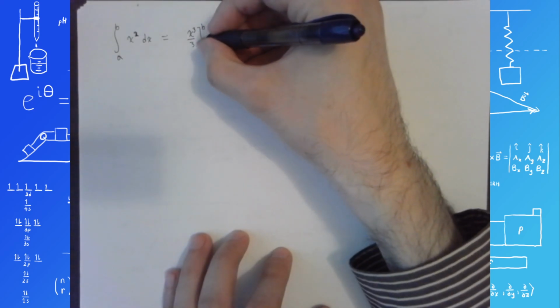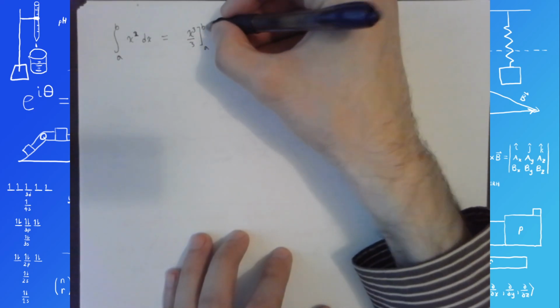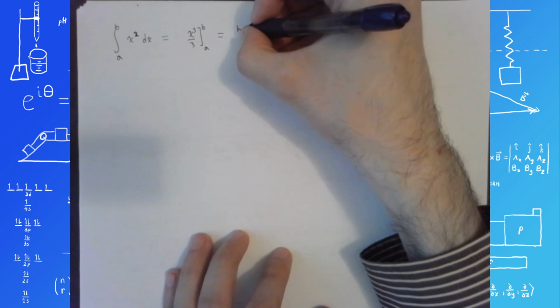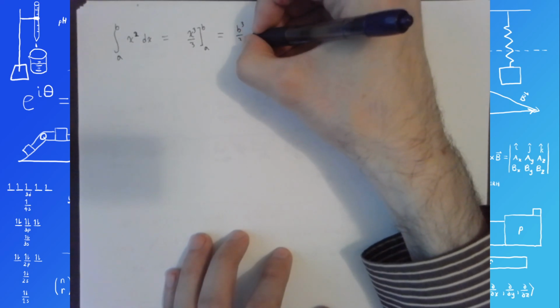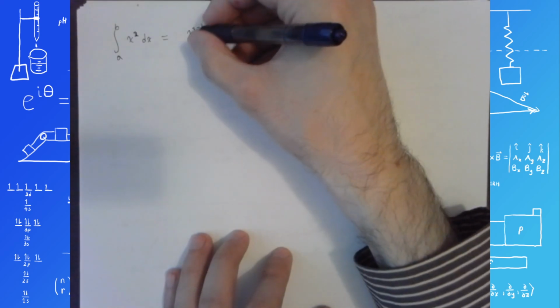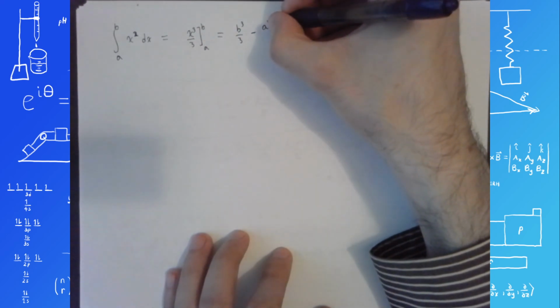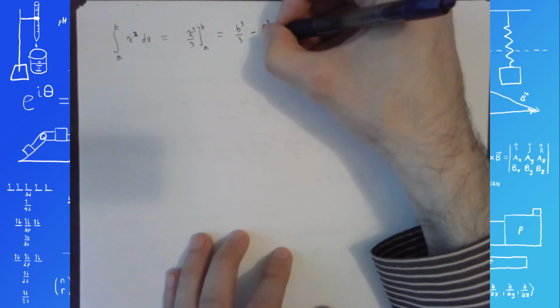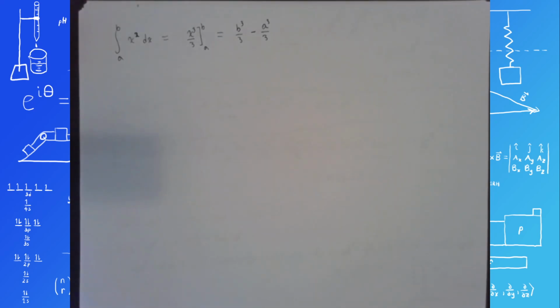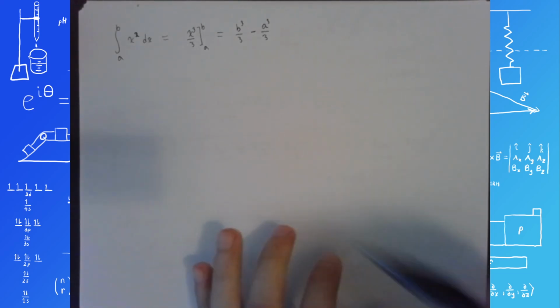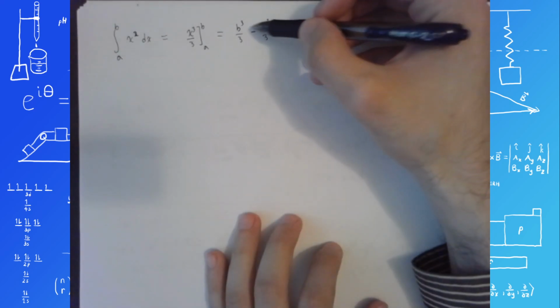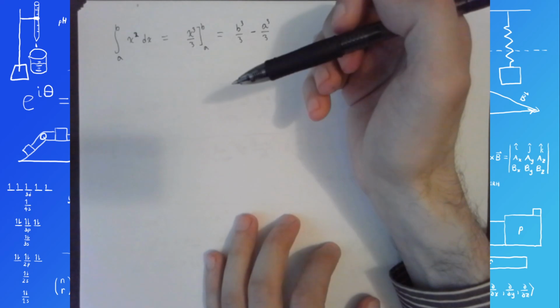This basically means we take this x cubed over 3, we plug in b first, so it becomes b cubed over 3 minus, and then we take this expression again, but now we plug in the lower bound for x. And there you go. That's the basic idea of how to deal with these integration bounds.